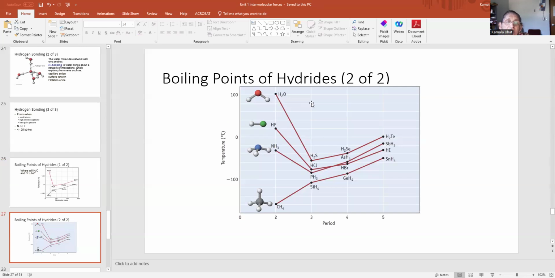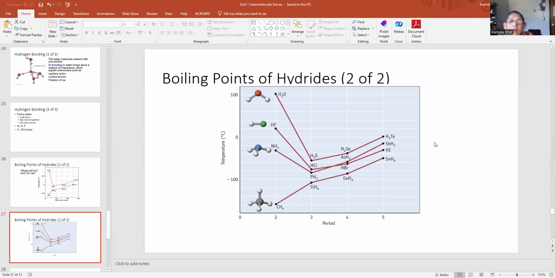And then the boiling points of different hydrides, from group 4, 5, 6, and 7. So we see that group 4 is CH4, group 5 is ammonia, NH3, group 6 is H2O, and group 7 is HF.